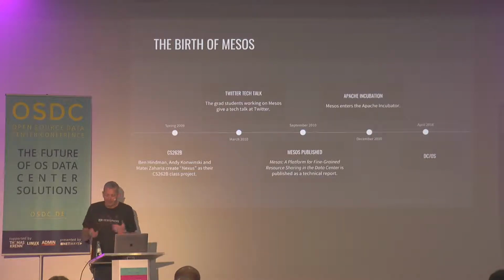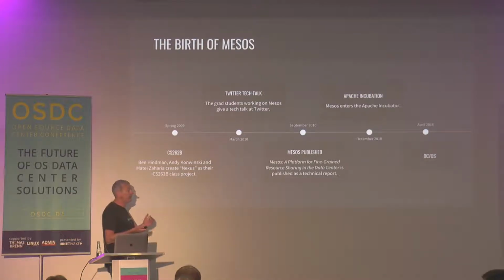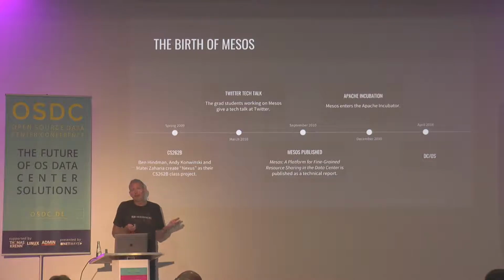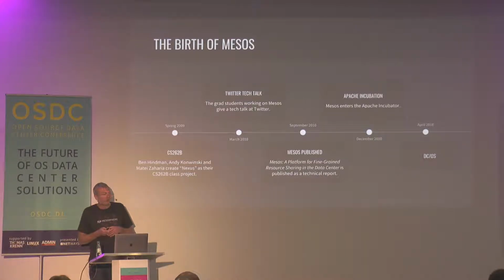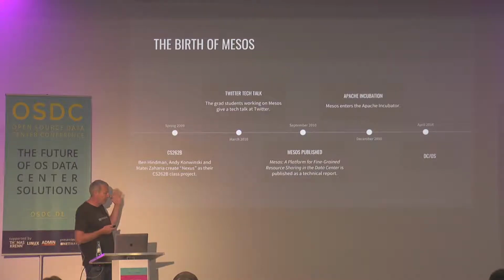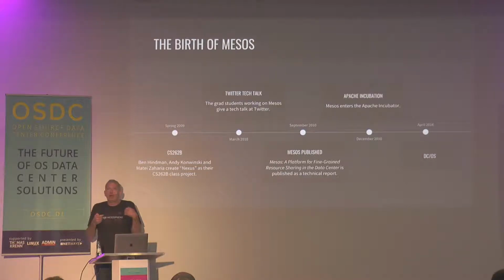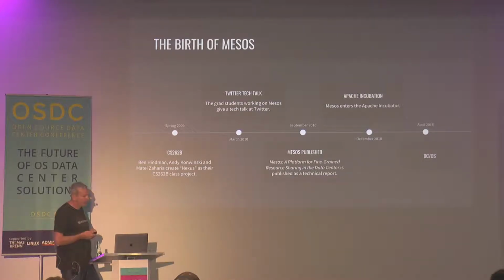Mesos is under the governance of the Apache Foundation, so there are many different contributors to the Mesos source code, and a bit further down the line, Ben and a couple of his friends started Mesosphere to actually build a project on top of Mesos to make Mesos easier to use, which we'll talk about in a second.